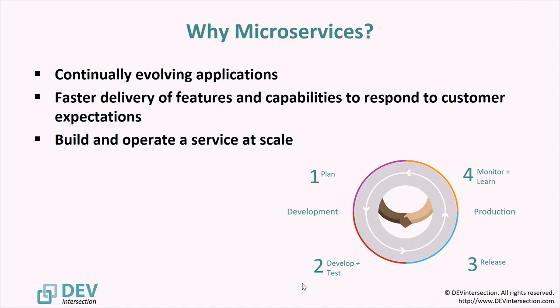I don't have to deploy them as a monolith all the time. I can continually evolve this application by adding new functionality, by adding a new service, not by changing existing application code that I have.